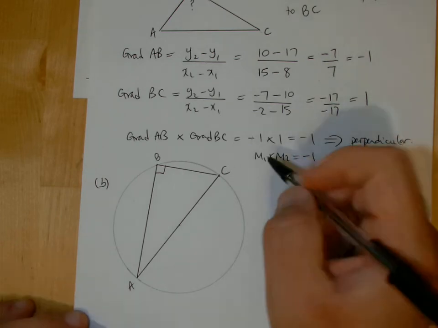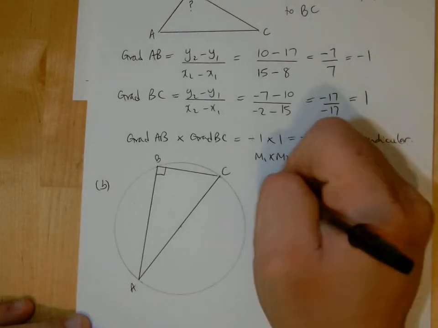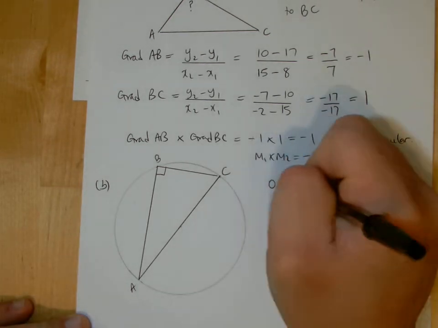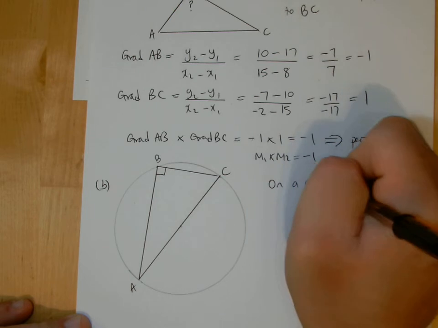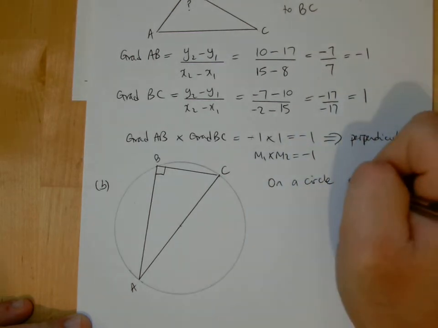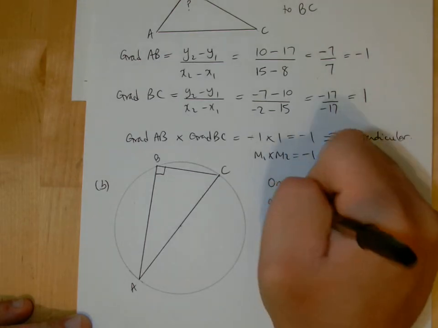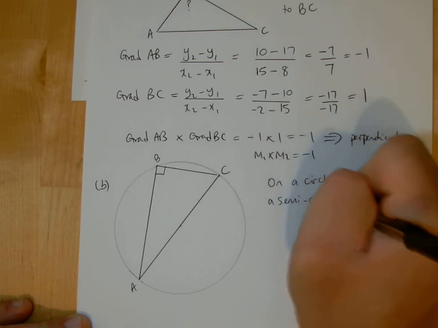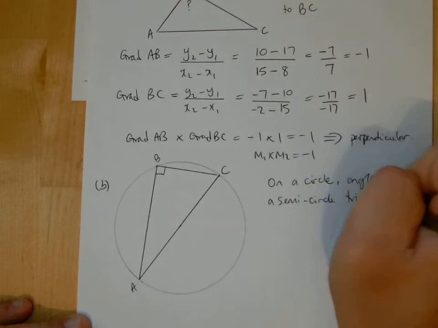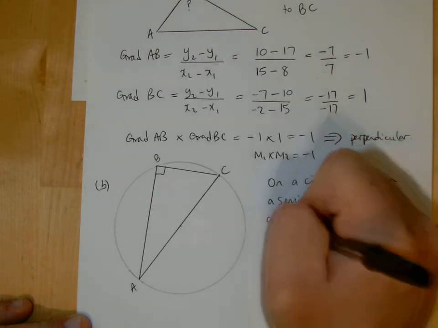So what we could say is, on a circle, the angle in a semicircle triangle is always a right angle.